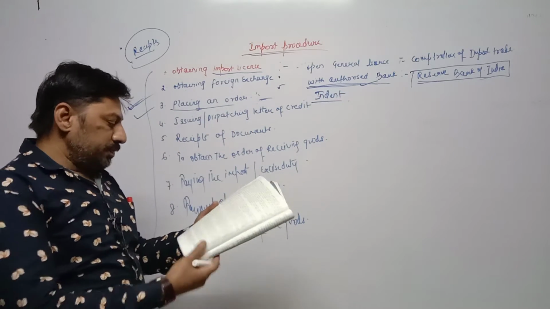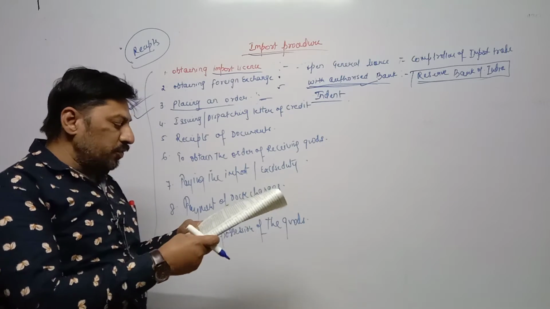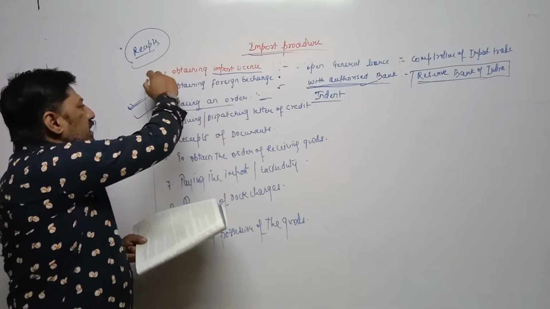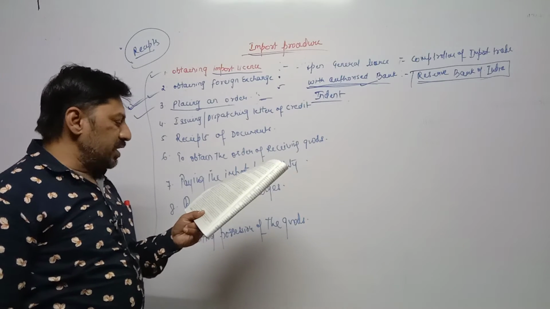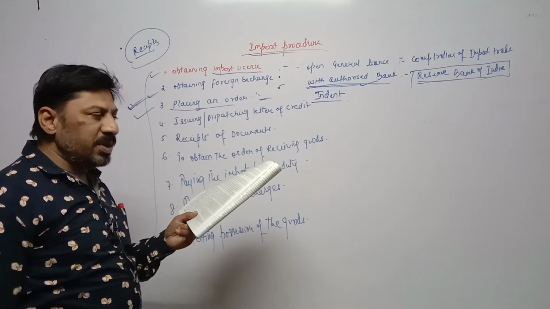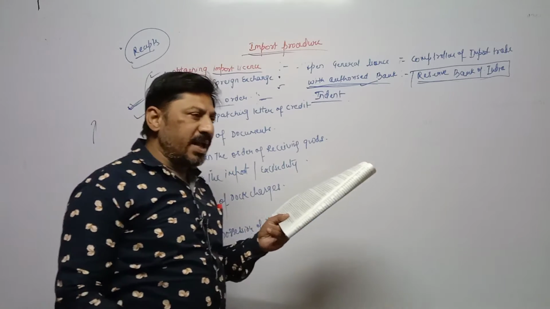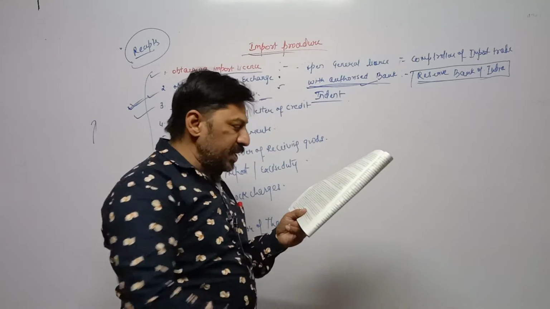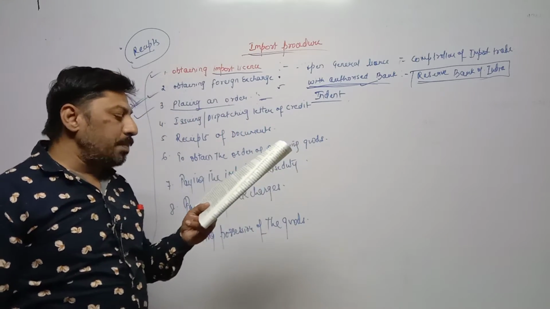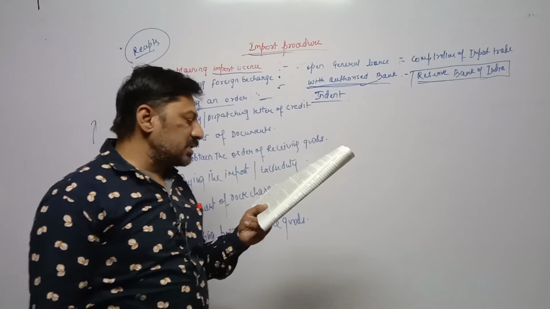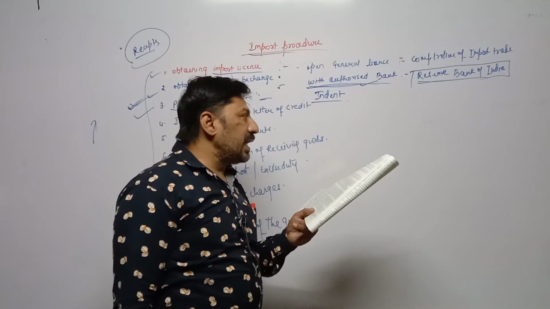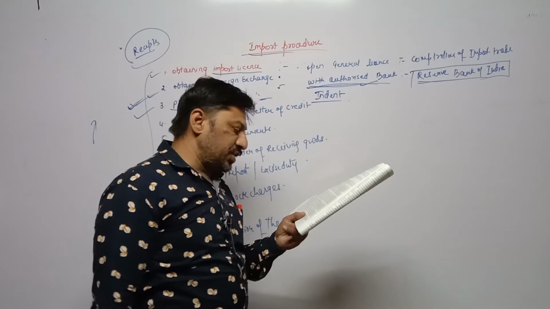Now according to the textbook, after the completion of the procedure of import license and foreign exchange, the importer collects information. The importer means buyer. The buyer collects information of different manufacturers and exporters for the details of goods, price, and their other terms and conditions.